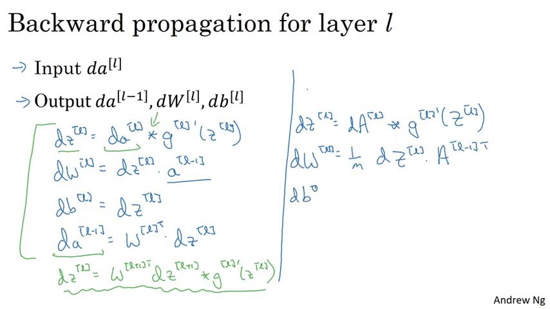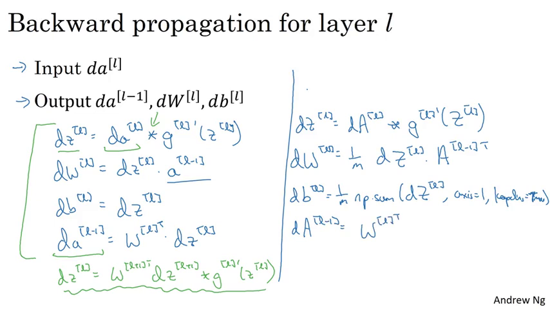And then db^[l] becomes 1 over m np.sum of dZ^[l], with axis equals 1, keepdims equals True. We talked about the use of np.sum in the previous week to compute db. And then finally, dA^[l-1] is W^[l] transpose times dZ^[l].